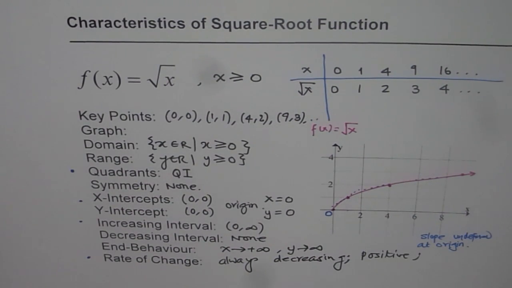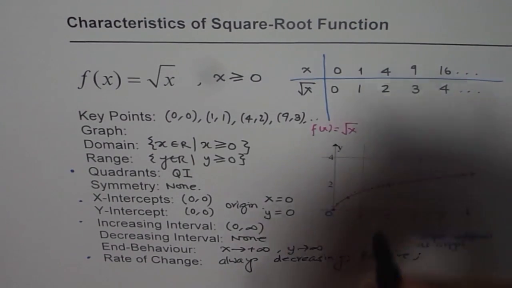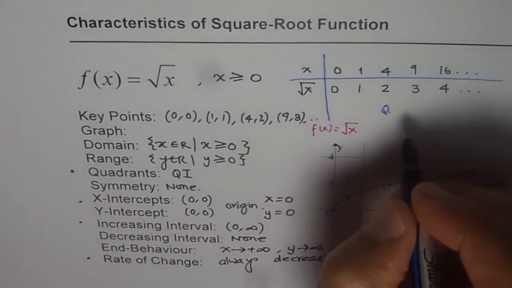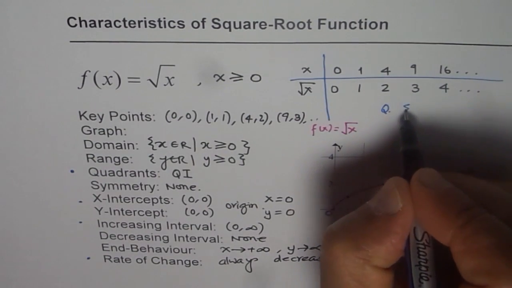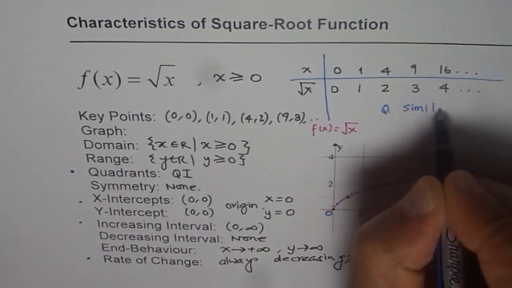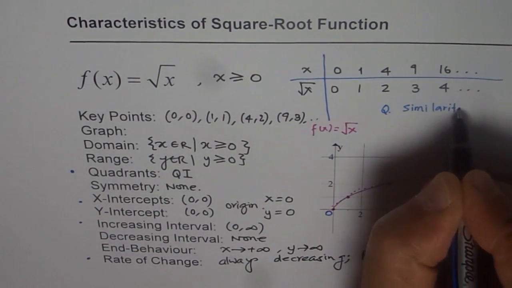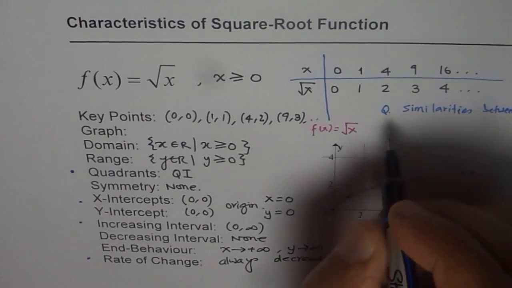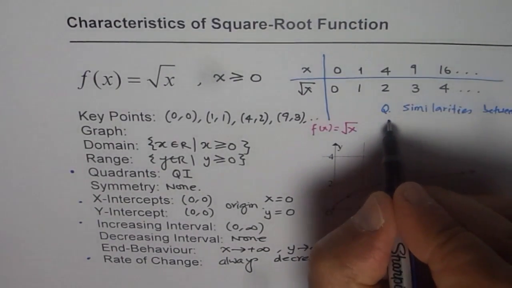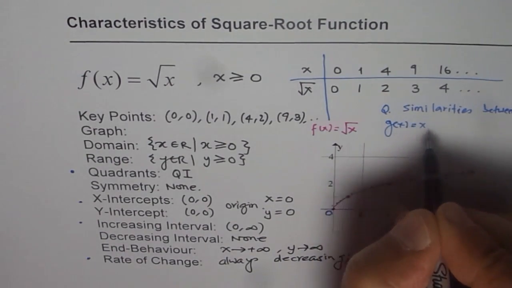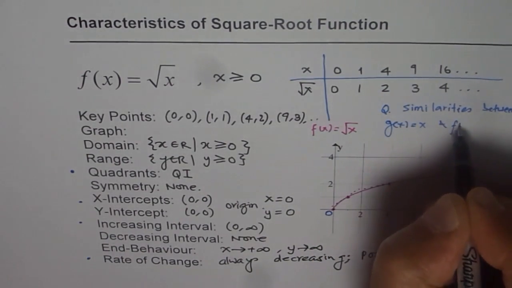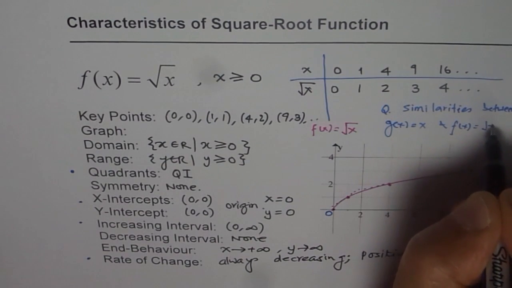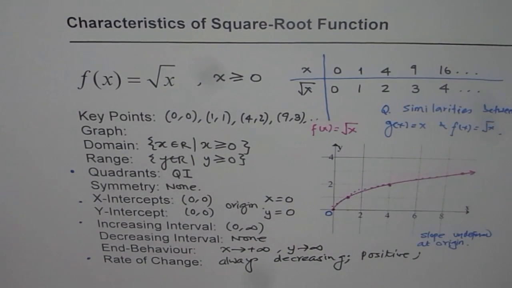So the question here is, similarities between the linear function, let's say g of x equals x, and f of x equals square root of x, right? So that is a question for you. Think over it, go through the videos, and then you'll get your answer, I think, right?